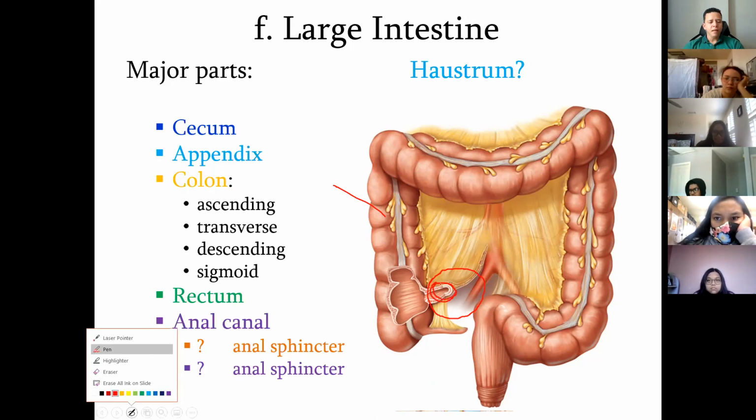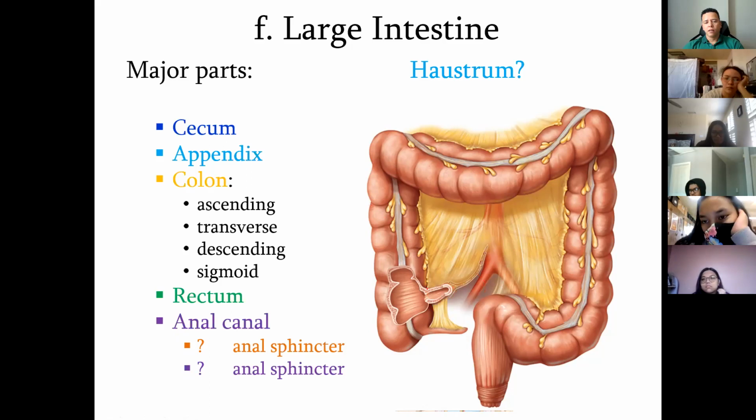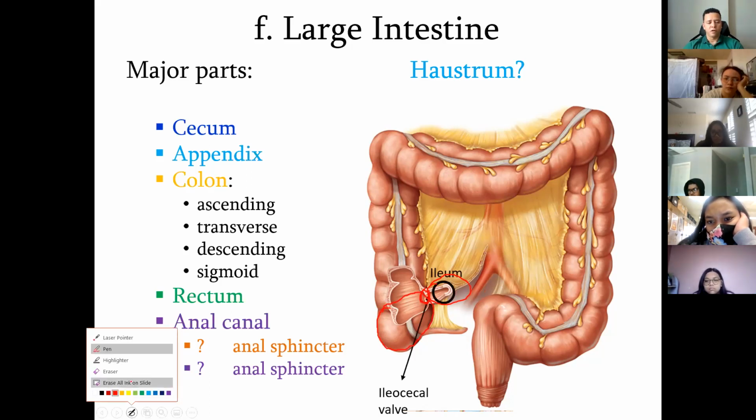Now, in between the ileum of the small intestine and the beginning of the large intestine, which is this region right here, called the cecum, we are going to find a very important sphincter right there. This sphincter is what we call the ileocecal sphincter.